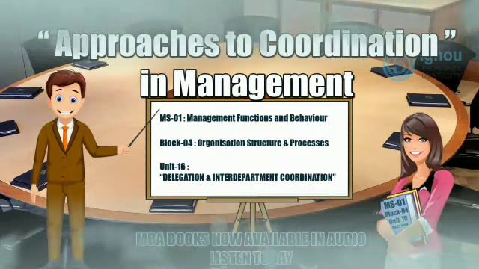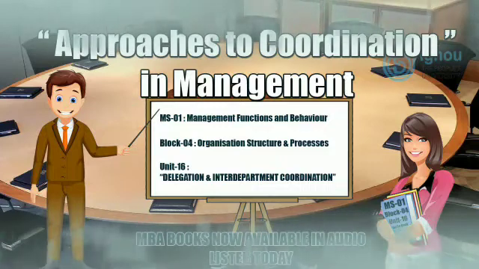James D. Thompson classified internal interdependence of work units or functions into three types: pooled or indirect interdependence, sequential or one-way interdependence, and reciprocal or two-way interdependence.